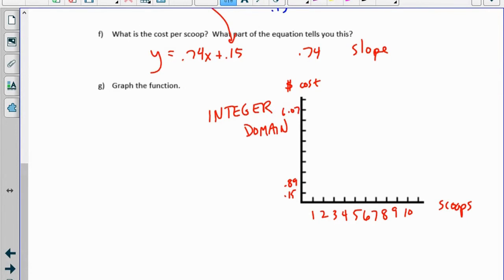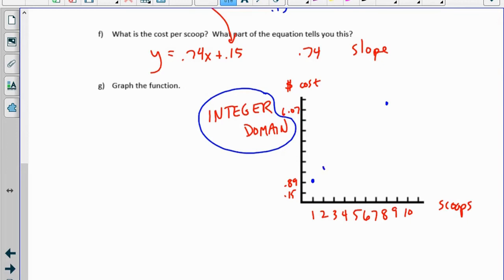And I could actually add by 0.74 every time, but I'm not going to spend the time doing that. So 1, 0.89 and 8, 6.07. And that's kind of what the graph looks like. And I could draw a line, but I want to really emphasize in this chapter the fact that we have an integer domain.